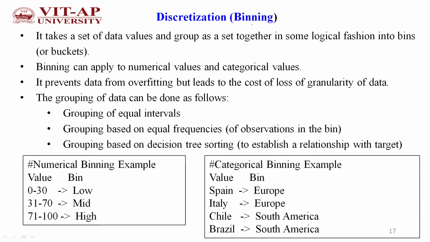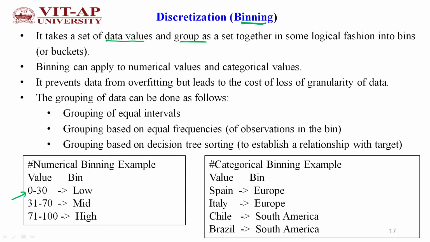Another approach is binning. Suppose we have a set of data values that you want to form into groups together, then you can apply the binning approach. For example, here I have student marks.